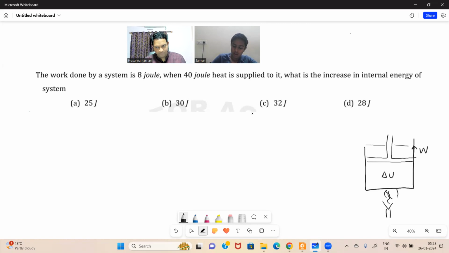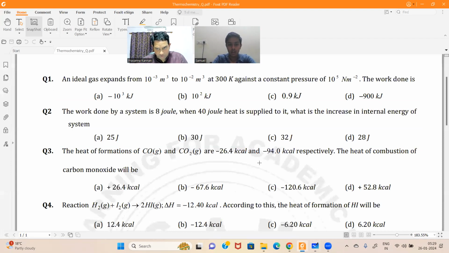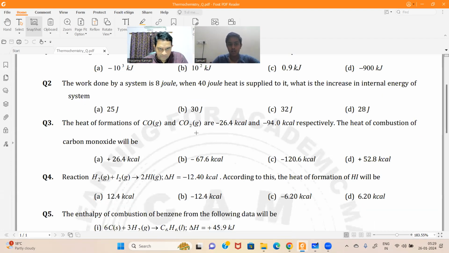So 40 joules is given as heat, 8 of it is used for work, and the remaining 32 must be used for internal energy. Is it clear now? Very good. Now we come to the energetics part or thermochemistry part.